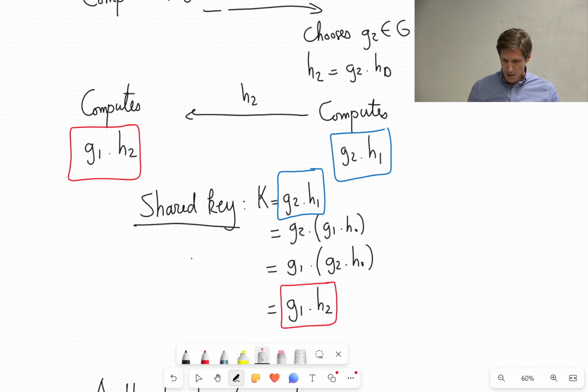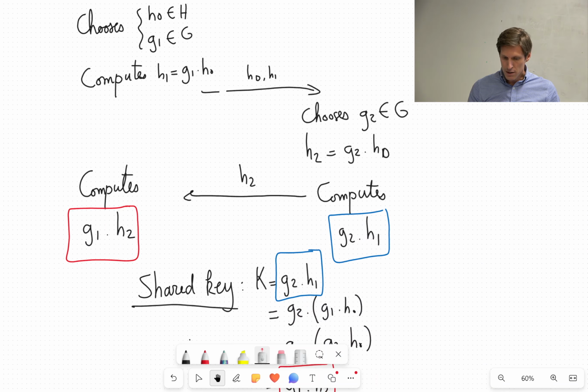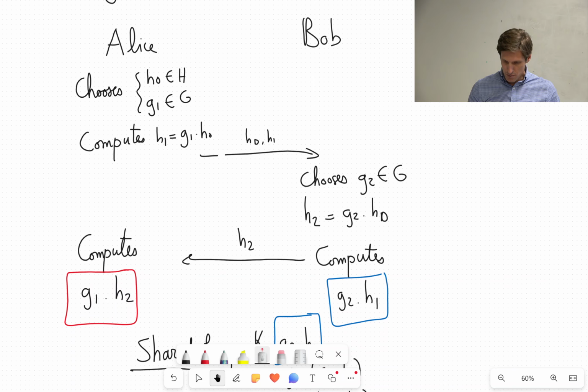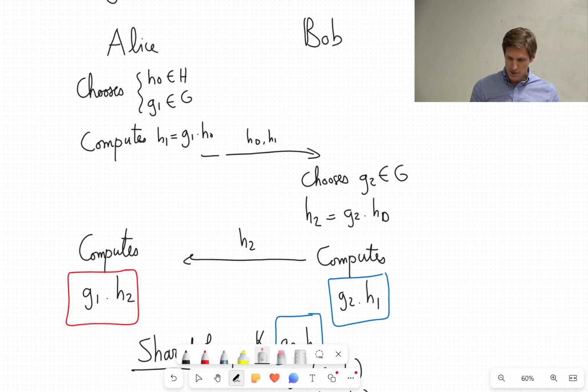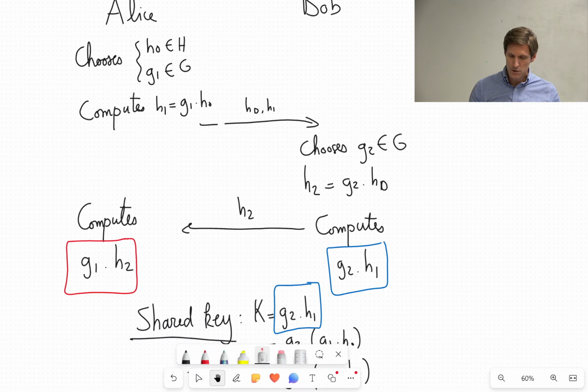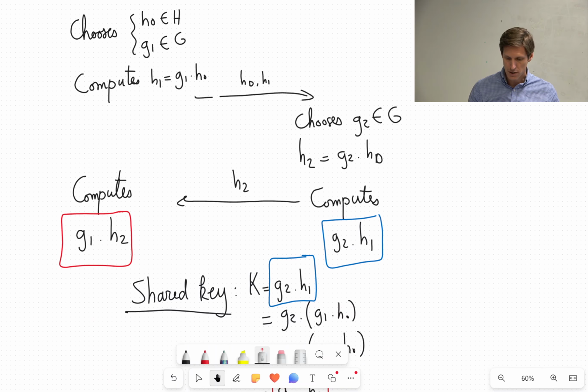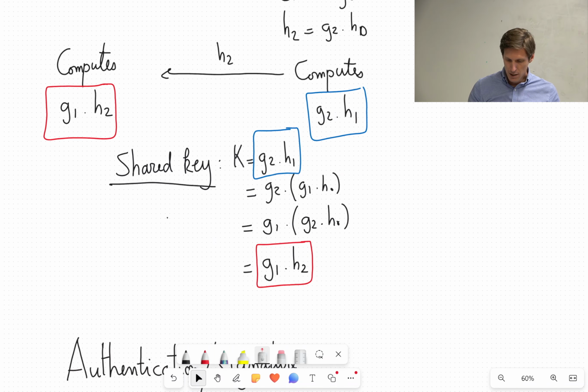Okay, and so here, of course, you see why that vectorization condition is important, because otherwise, if you listen to the communication between Alice and Bob, you'll get their secrets, if you were able, given two set elements, to find out which group element acted on the first one to give you the second one. All right.